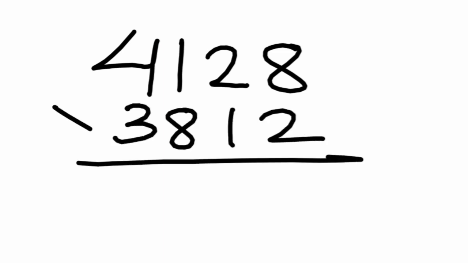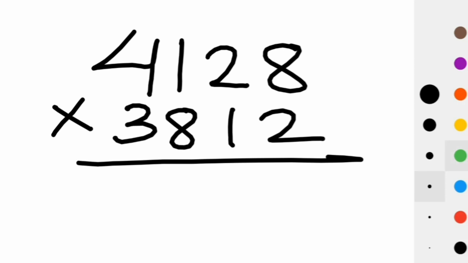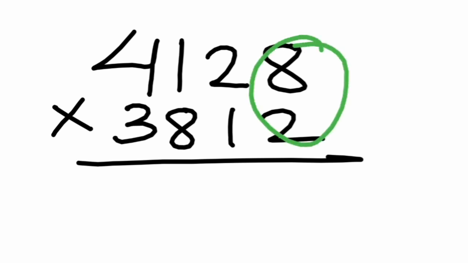Now I will show you how to multiply 4-digit numbers with 4-digit numbers. Suppose you need to multiply 4128 with 3812. So as I told, first we need to multiply these two digits and the number we will get, that is 16. 6 will be the ones digit and 1 will be carried.